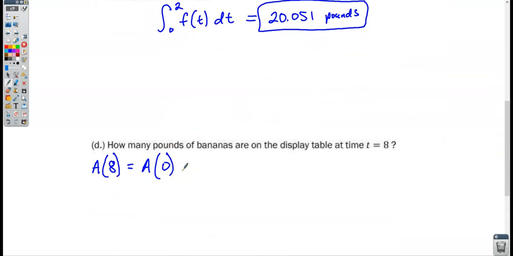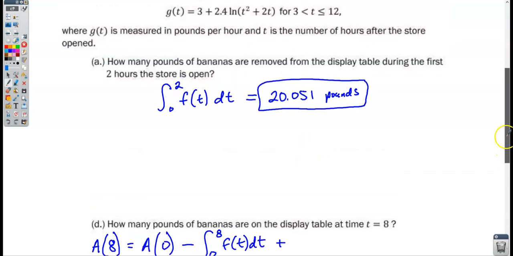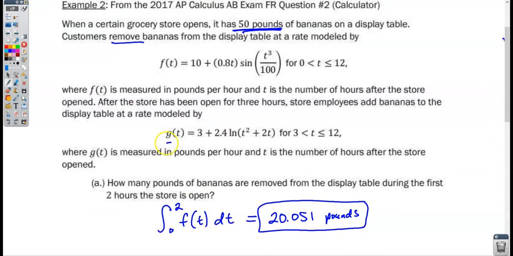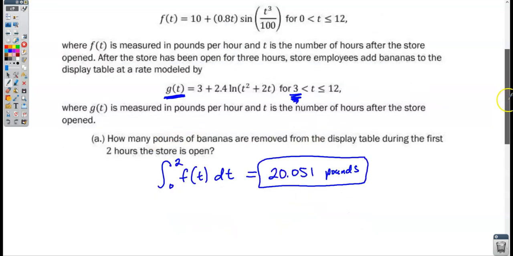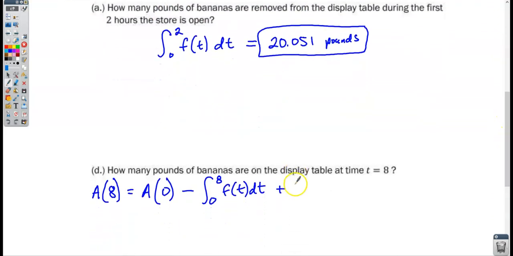Now in this case, we don't just have one function that's operating on the number of pounds of bananas on the table, we have two. One that takes bananas away, which was f of t, and one that adds bananas to the table, which is g, but g only starts at time 3. So we need to start adding bananas at time 3.